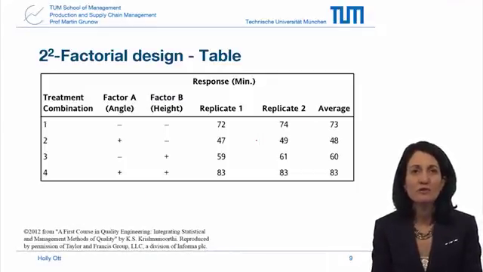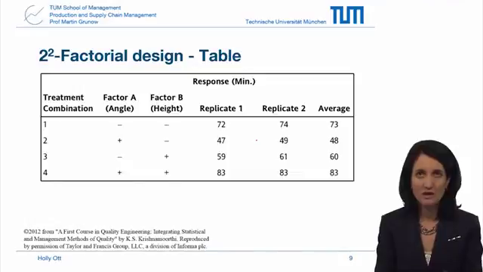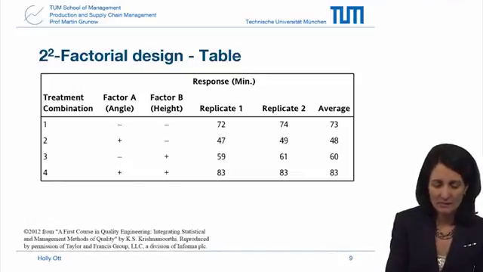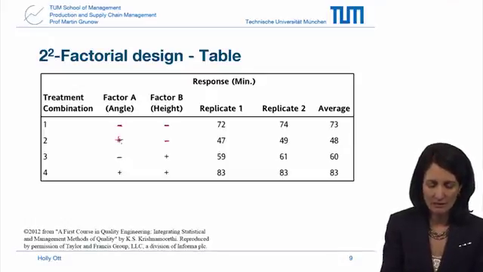The 2x2 factorial design for the lawnmower could also be represented in a table as shown here. So let's go through this table. The lower level of each factor is designated by a minus sign, and the higher level is designated by a plus sign.